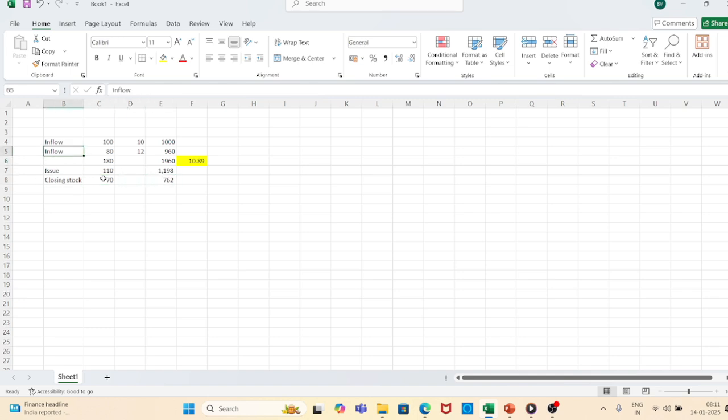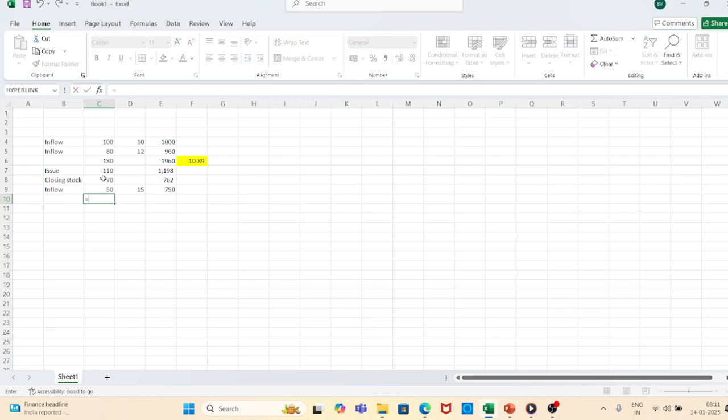Now another inflow came. We take 150 units at the rate of 15 per unit. Then its value is 2250.